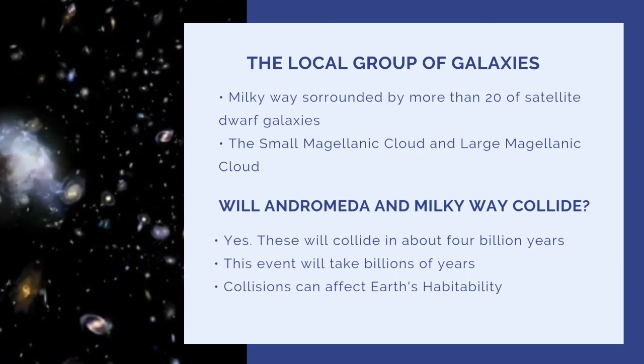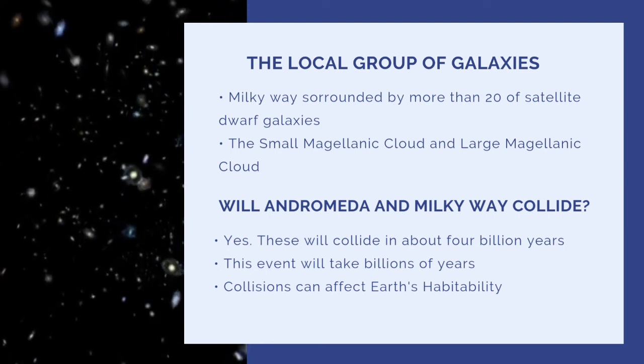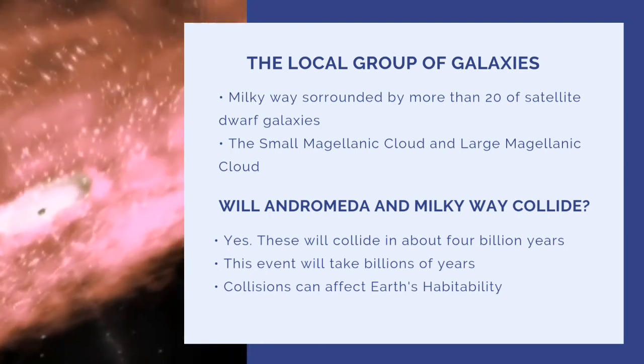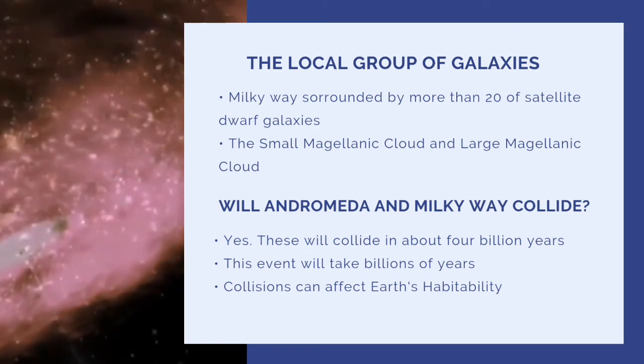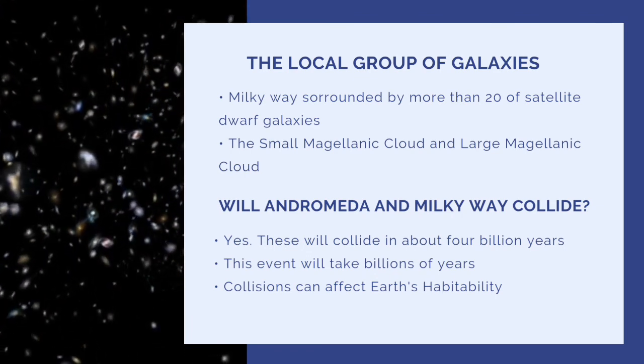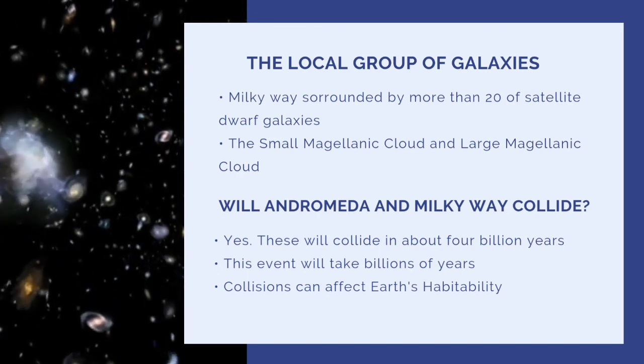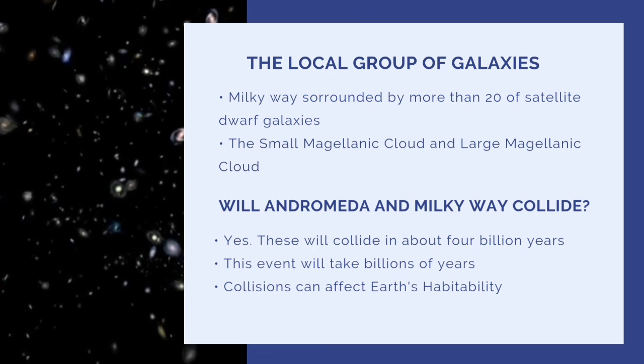Astronomers concluded that Andromeda and the Milky Way will collide head-on in about 4 billion years. And this event will really take billions of years, since simulations show that it will be an incredible event that will take several billion years to play out to completion.